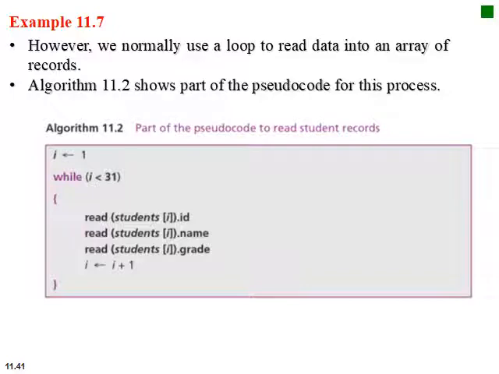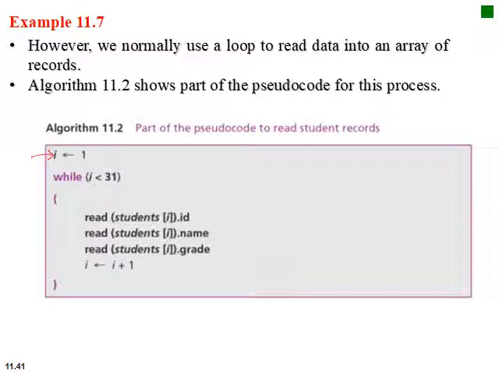However, we normally use a loop to read data into an array of records. Remember, we said before, loops and arrays go hand in hand. And in this particular algorithm, 11.2 here, it shows just part of the pseudocode to read student records. So you would typically assign your loop counter or loop variable to 1 because we want to start at student 1.